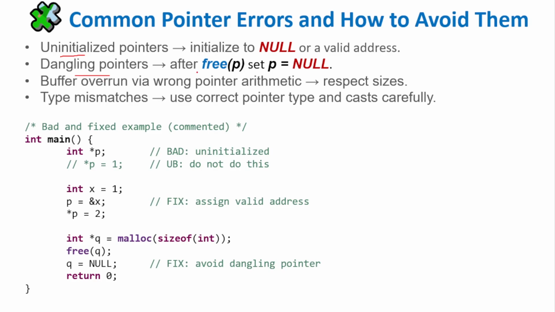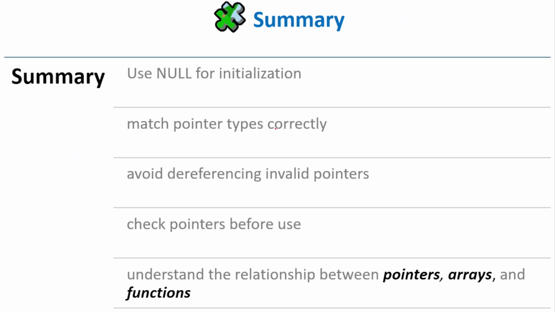To avoid these errors, always initialize pointers, check them before use, and make sure they point to valid data. Writing safe pointer code is one of the most important skills a C programmer must learn. Please see the example.